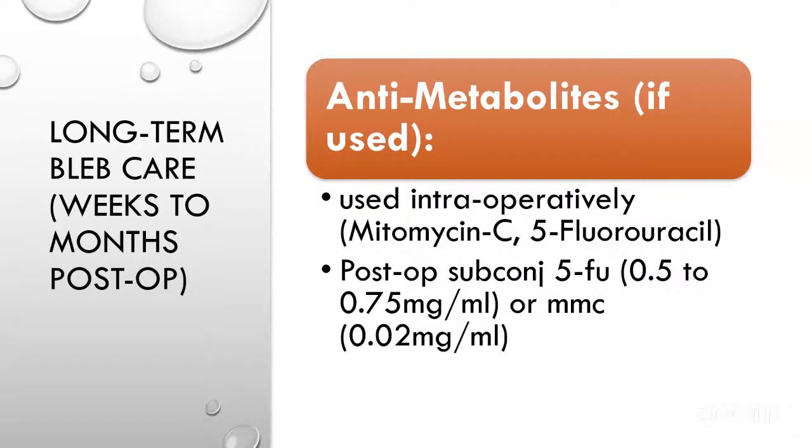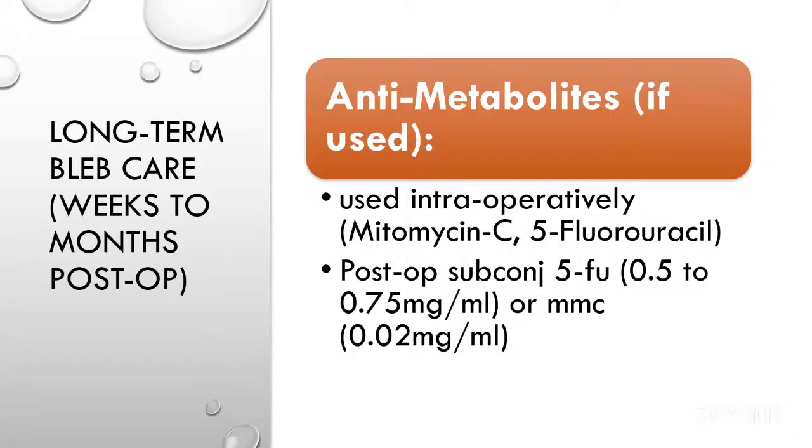And what is the concentration of the 5-fluorouracil that you can give? You can either give 0.5 milligram per mil to 0.75 milligram per mil. If you are using a vial that comes with 50 milligram per mil, that means 0.1 mil of that volume gives you 0.5 milligram per mil.